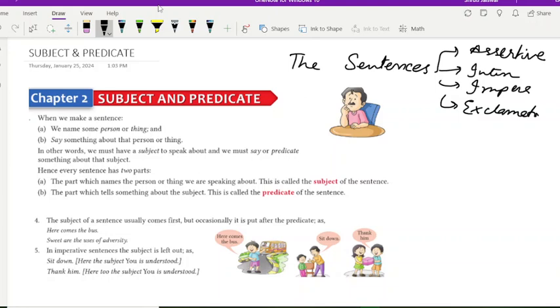Those sentences which ask the reader something are known as interrogative sentences. The sentences which request or command something are known as imperative sentences, and the sentences which have a strong emotion or feelings in their action are known as exclamatory sentences, right?